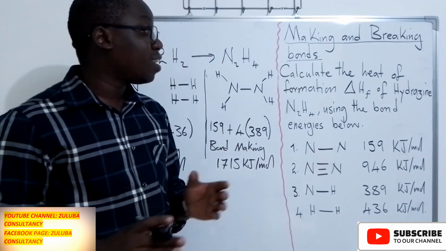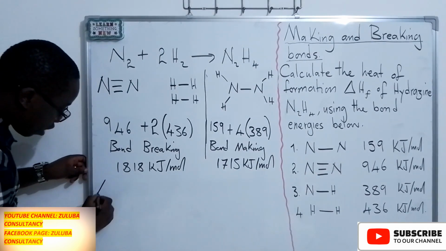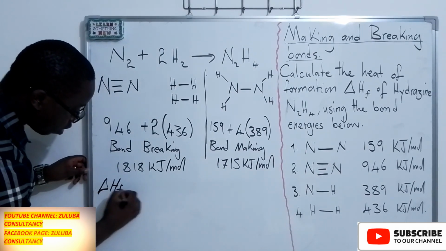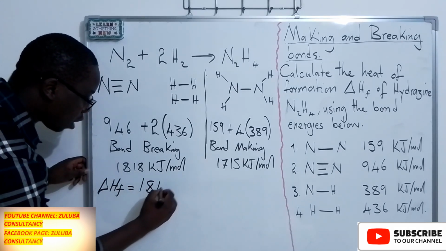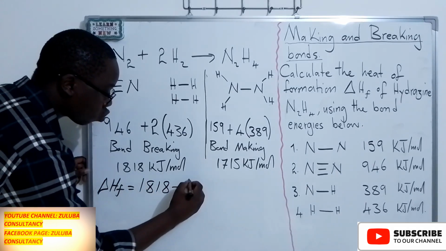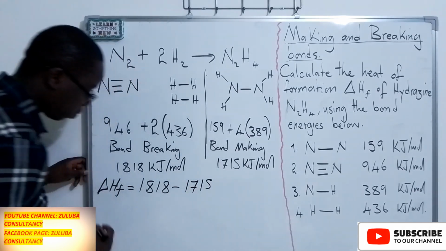or in other cases, the energy of formation. So the energy of formation will be equal to 1,818 minus 1,715.